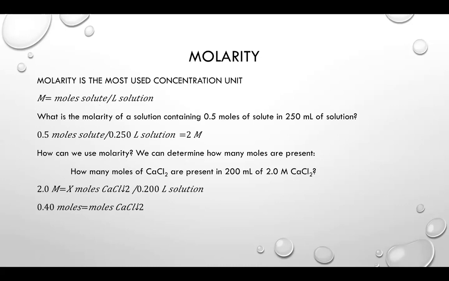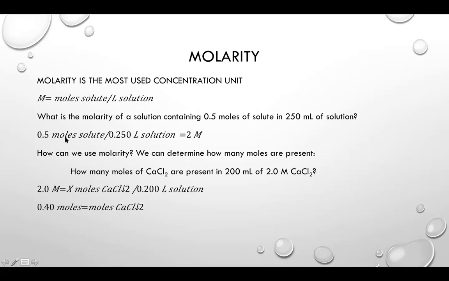So this is really great because we can look at moles of the solute and then figure out how many grams of solute there is. So to calculate, we'll say, what is the molarity of a solution containing 0.5 moles of solute and 250 mils of solution? So if we just plug in these numbers into our equation, we have the moles of solute.